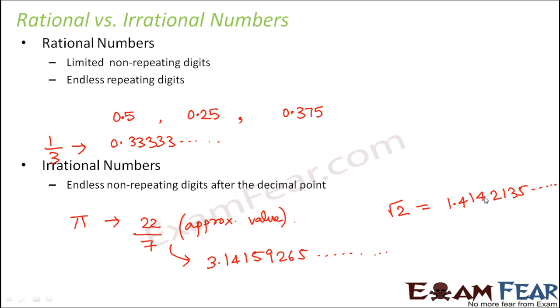Therefore, numbers where you have non-repeating digits endlessly after the decimal point all fall under the category of irrational numbers. In your higher classes, you will learn more about irrational numbers in detail. For now, this is just an introduction, to let you know that it is not only rational numbers that exist, there are certain numbers which are not rational as well.